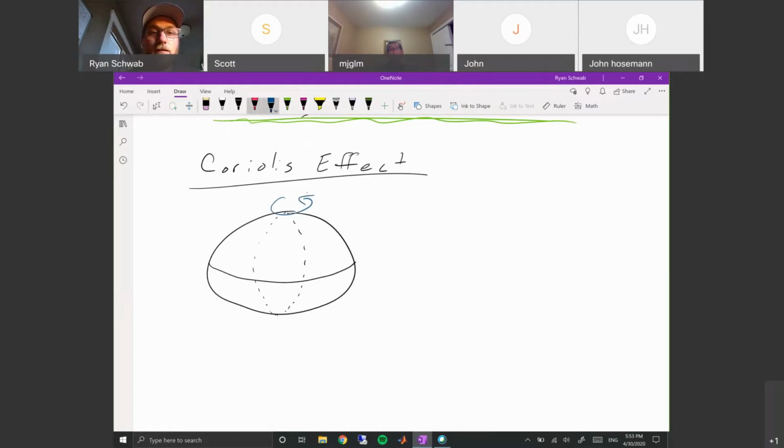And that means that this area right here on the equator is traveling a fairly long way, while this area way up here near the North Pole isn't traveling as far in a given amount of time. Let's say that's like a 2-hour period. So what that means is that this lower section of the entire air mass is actually moving a little bit faster than the top.